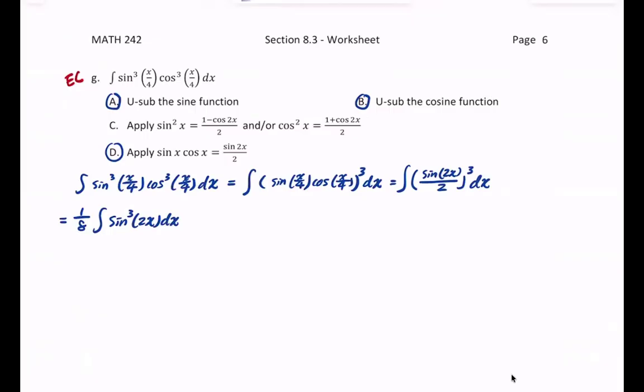Okay, and this one we use u-sub with cosine at this point. So we break one sine off and change the other two to cosine. At this point, we use u-sub with cosine 2x.